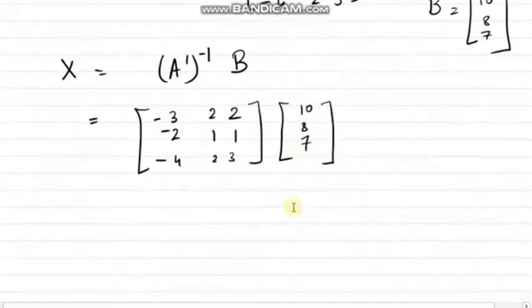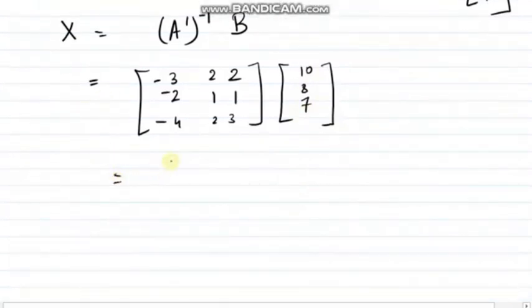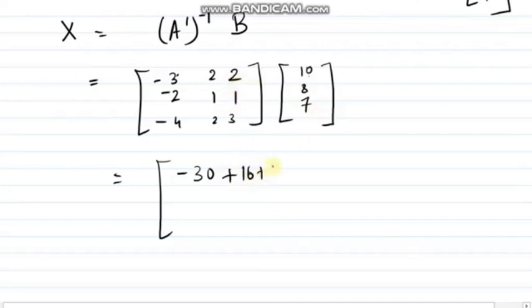So if I calculate, I will get minus 3 into 10 minus 30, 2 into 8 plus 16, 2 into 7 plus 14, minus 2 into 10 minus 20, 1 into 8 plus 8, 1 into 7 plus 7, minus 4 into 10 minus 40, 2 into 8 16, 3 into 7 21.